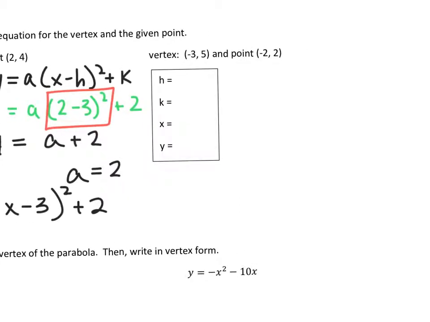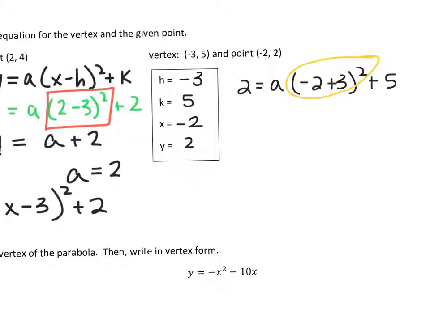Okay, another one. So h is -3, k is 5, x is -2, y is 2. So it's going to be y equals, so 2 equals a times (x minus h), so that's (x plus 3) squared plus k.